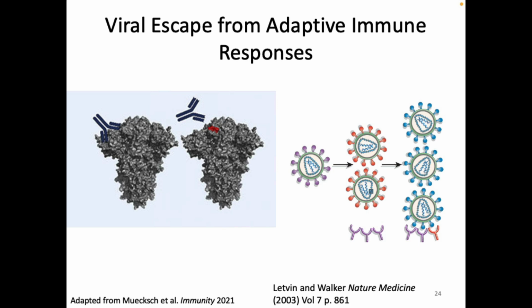But then if it transmits to somebody else, it no longer has a selective advantage. It's no longer a good virus to avoid that person's immune responses. And so while we see viruses doing point mutations to evade antibodies, we really don't see the same kind of evasion of MHC. And it's because we as a population have such diverse MHC.